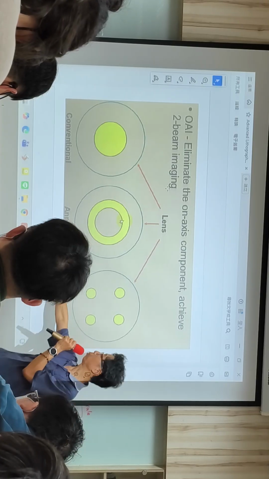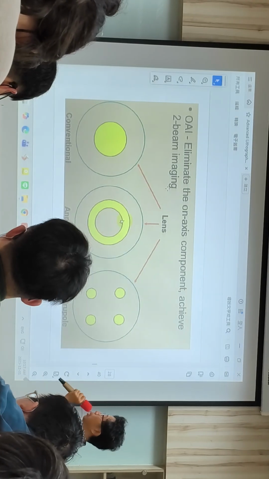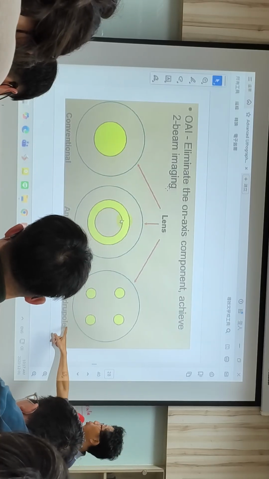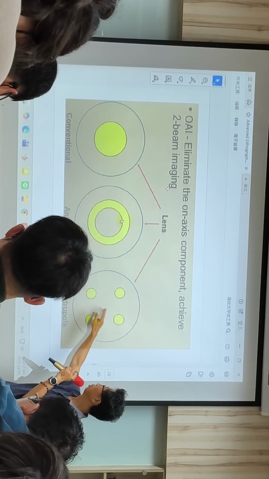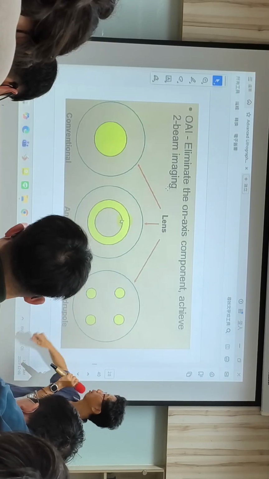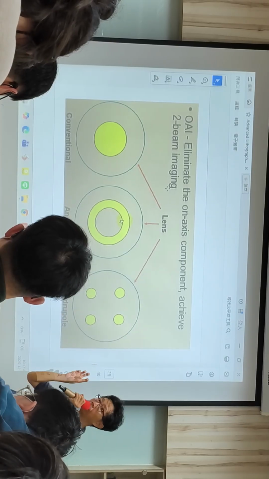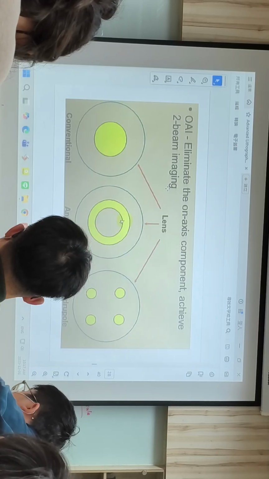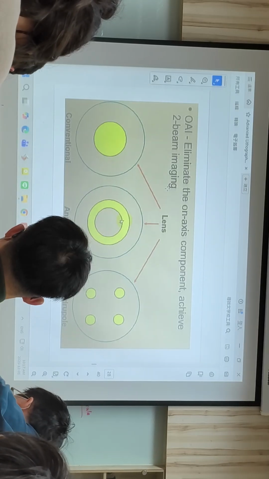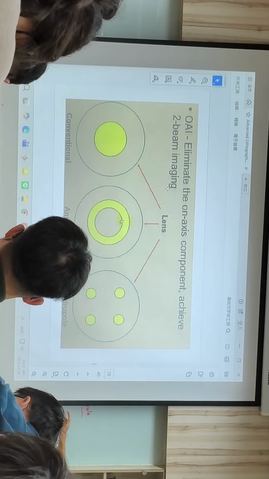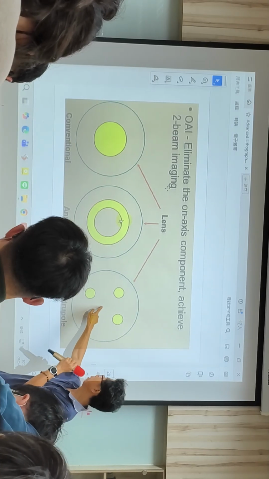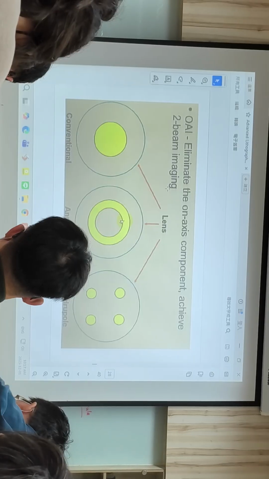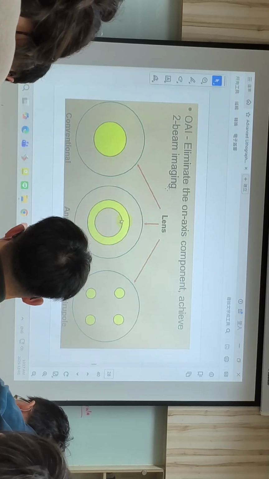For example, here we call it annular. It's a ring-type illumination, and this is quadrupole illumination because it has 4. And if we have only 2, then we call it dipole illumination. Both of these do not have a center part. So that's why we call it OAI.